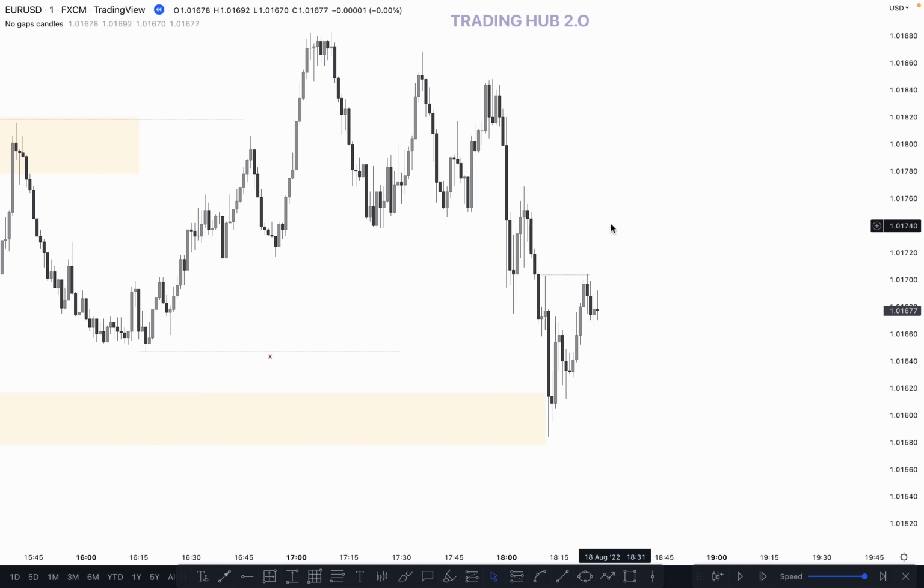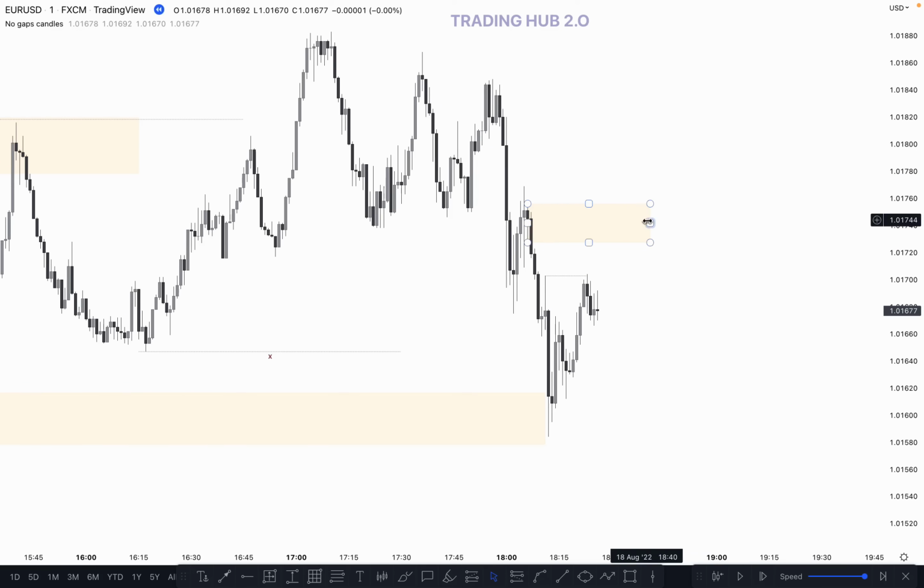So you can see market created this equal high, just swept the liquidity, okay, in a first attempt. And I was also waiting here. If market takes out this high and mitigates this order block, then I can sell.